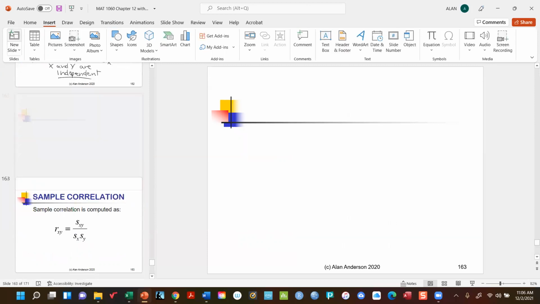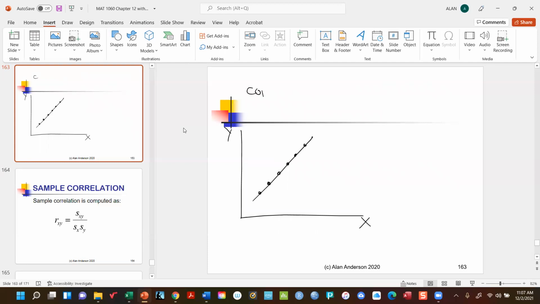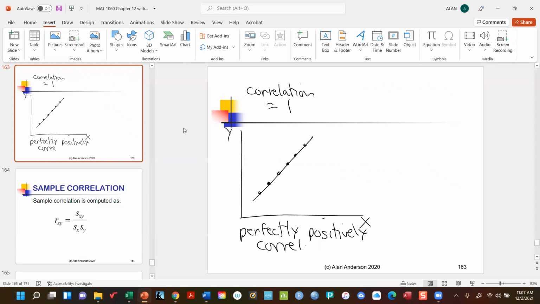All right, now how about this situation? Oh, that's nice. They're all on the line. Here, the correlation is exactly 1. Here we say that the variables are perfectly positively correlated. That's one extreme case.